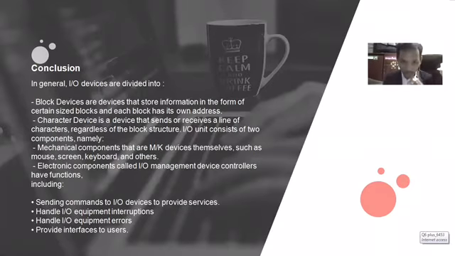An I/O unit consists of two components: the mechanical component, the devices themselves such as mouse, screen, keyboard, and others; and the electronic component, called the I/O device controller, whose functions include sending commands to I/O devices to provide service, handling I/O equipment interrupts, handling I/O equipment errors, and providing an interface to the user.